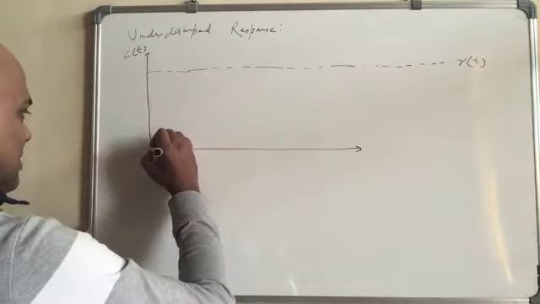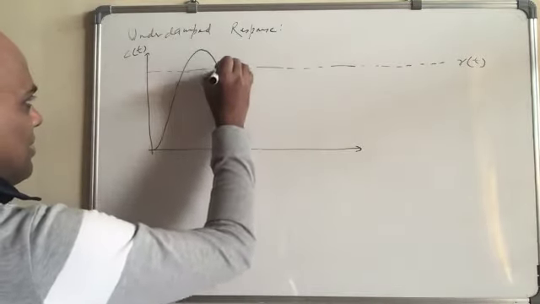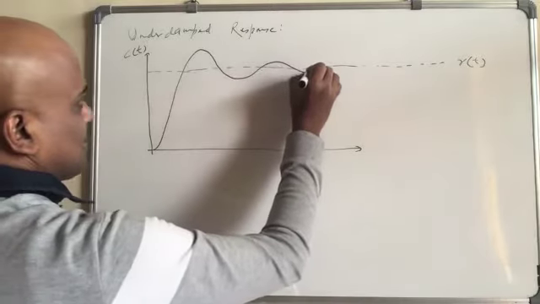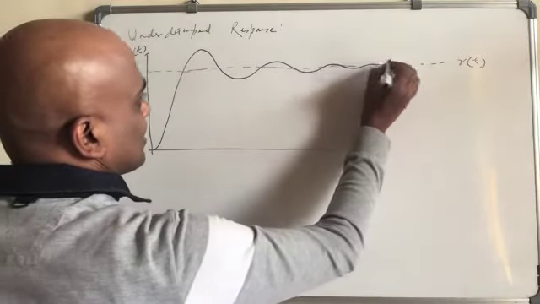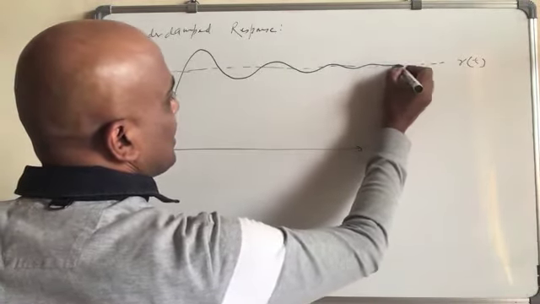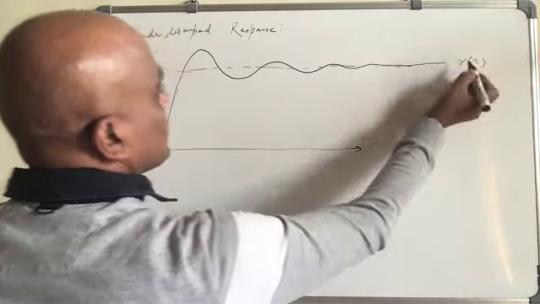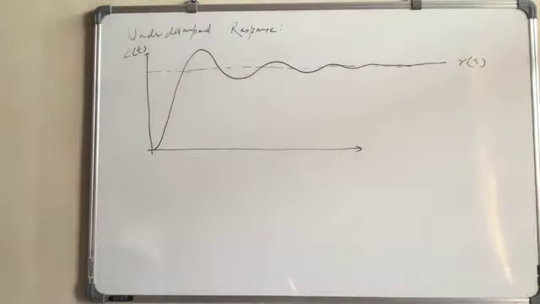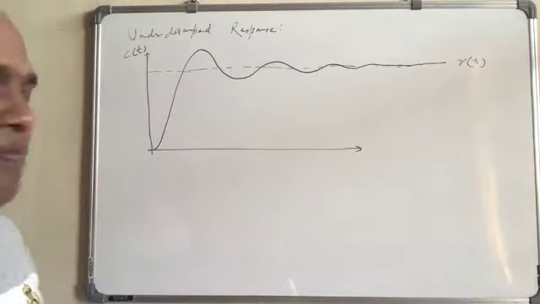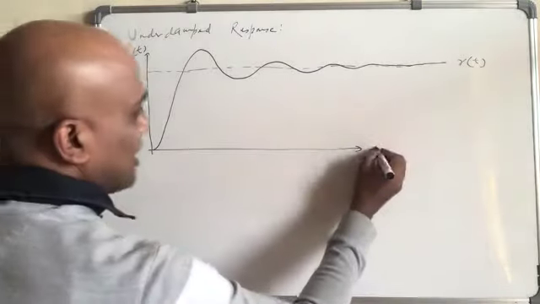So how does it go? It goes here, goes up, down, may go like this, and then finally it settles and becomes equal to R(t). So this is how an underdamped response will look.